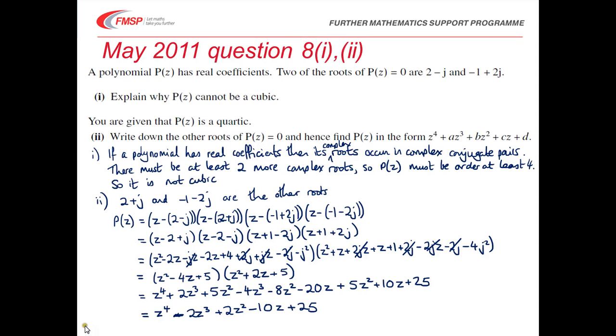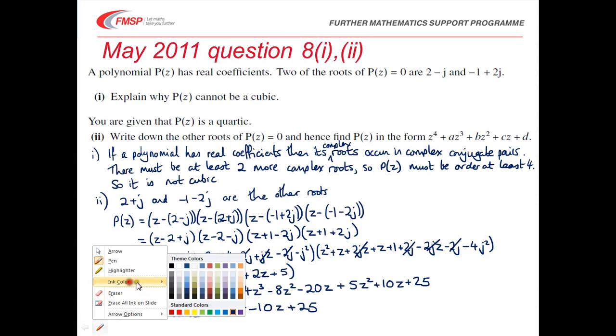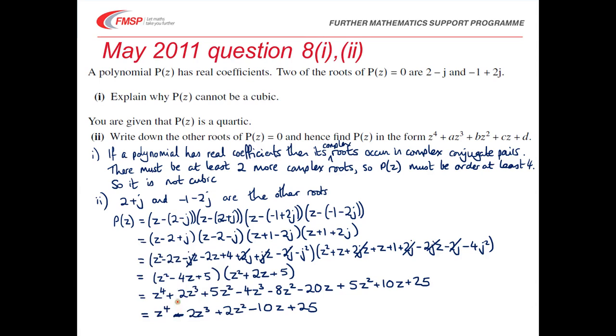Okay, let's see how the mark scheme works for this question. There is 1 mark for the explanation for part 1, which needs to mention that roots come in complex conjugate pairs. There's then 1 mark for each of the other 2 roots. There's a method mark for using the factor theorem to create the polynomial.